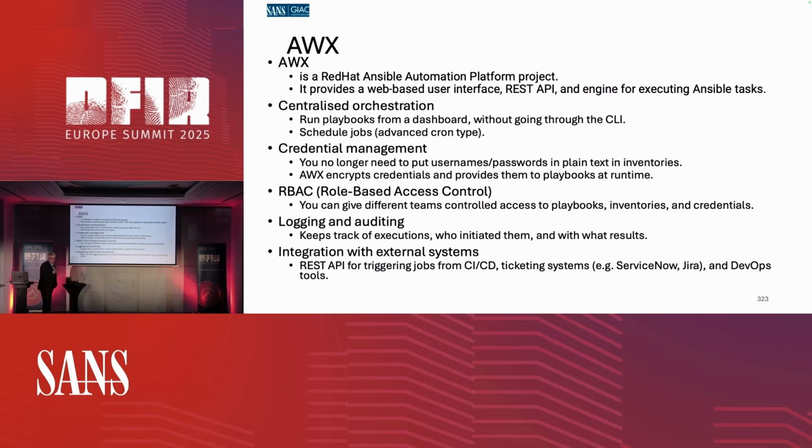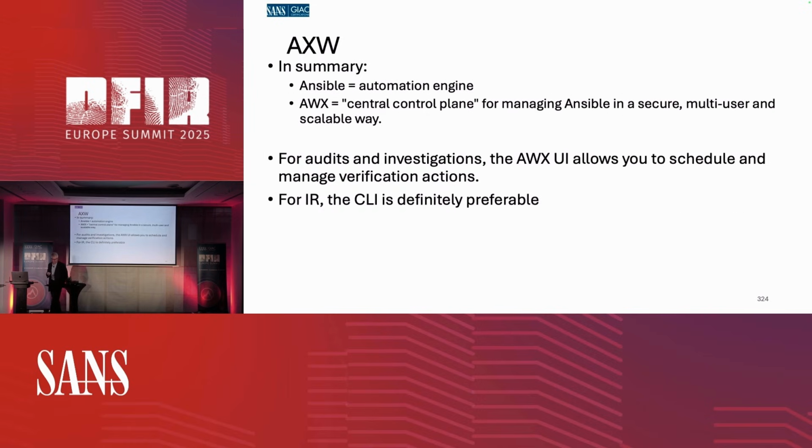Logging and auditing are very important. AWX keeps track of executions, who initiated them, and with what result. It can be integrated with external systems, like ServiceNow, Jira, and DevOps systems.